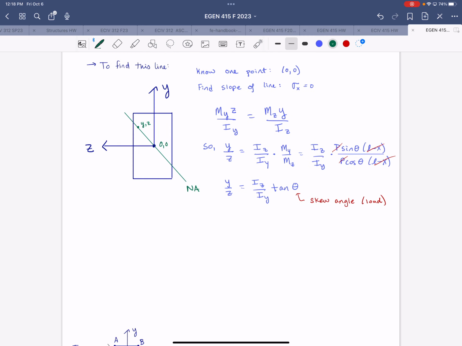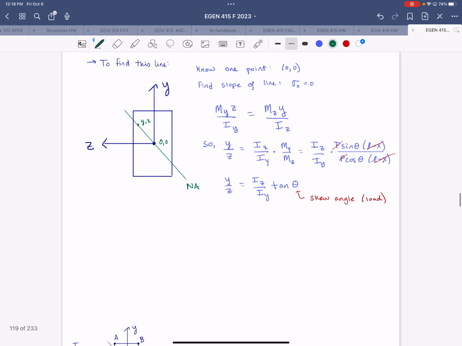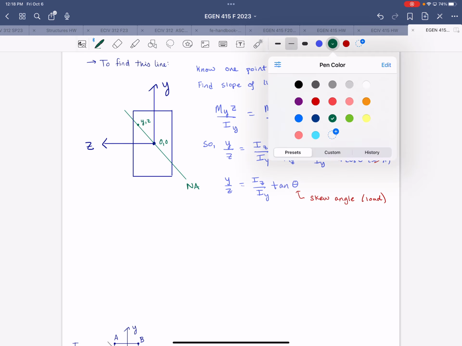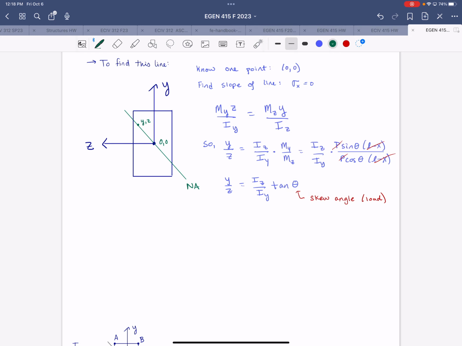So now that we've defined that slope, it'll be convenient to define the angle from the z-axis by which the neutral axis is skewed. We'll call that beta.